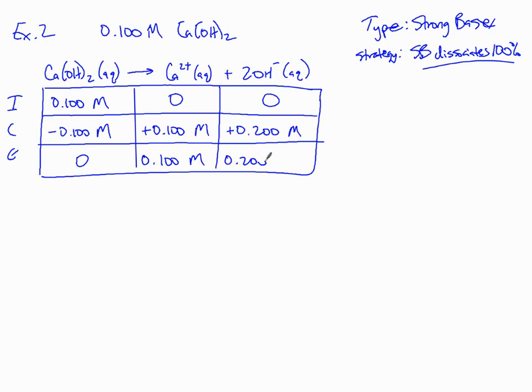Here are the final concentrations. Let's go ahead and write these in. Concentration of calcium hydroxide, 0. Concentration of calcium is 0.1 molar, and concentration of hydroxide, 0.2 molar.